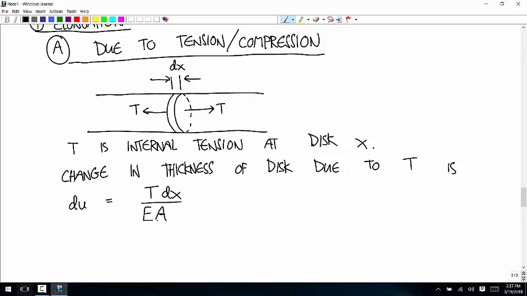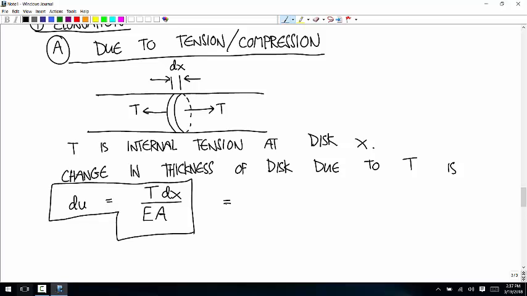So A is the cross-sectional area, T is the internal tension. Let's think about how this works. So this is the formula, but let me elaborate on that.